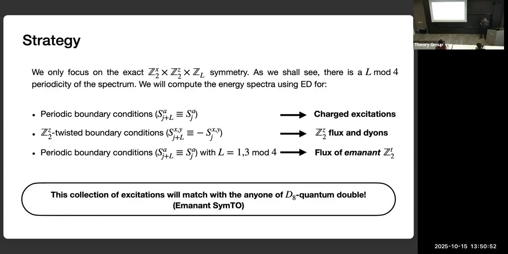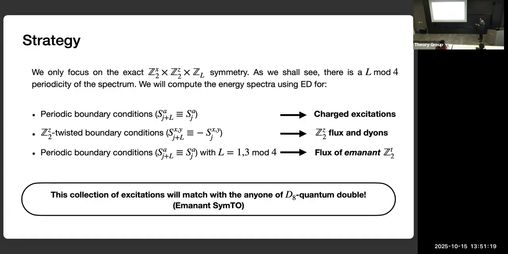And the way I'm going to extract the SymTFT data will be the following. I'll think of the ED spectrum with periodic boundary conditions, where the low-lying excitations should somehow be representations of my symmetries. So they would be what I call charged excitations. They should be organized into the representations of my symmetry group, which is some Z2 times Z2, and maybe translation.